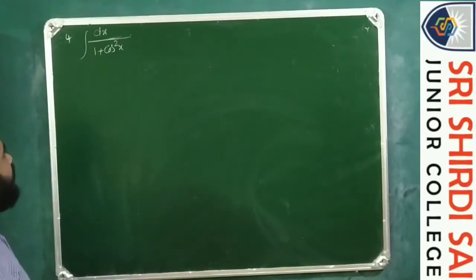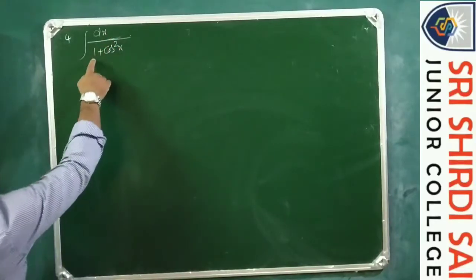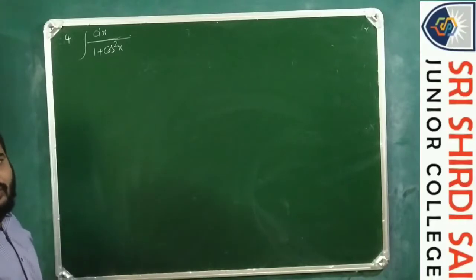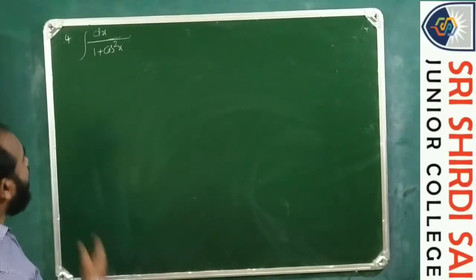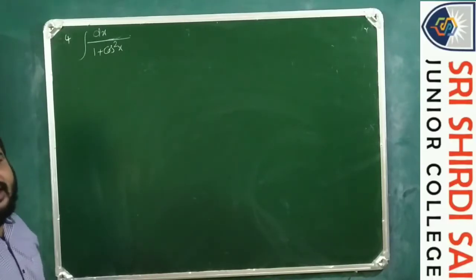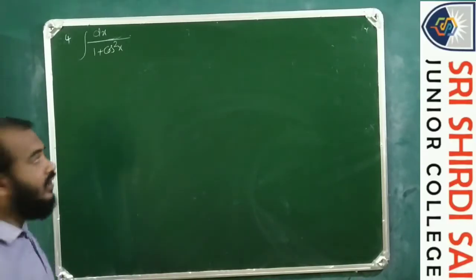Next, integral dx by 1 plus cos square x. So this is of the form 1 by a cos square x plus b sin square x plus c. We have discussed it before. So let us multiply with secant square x, and then we have to take tan x equal to t.